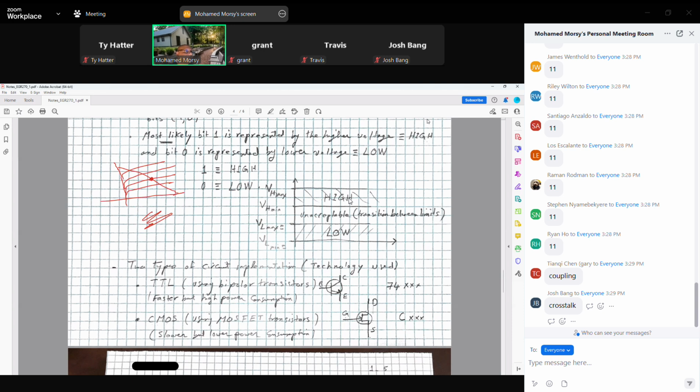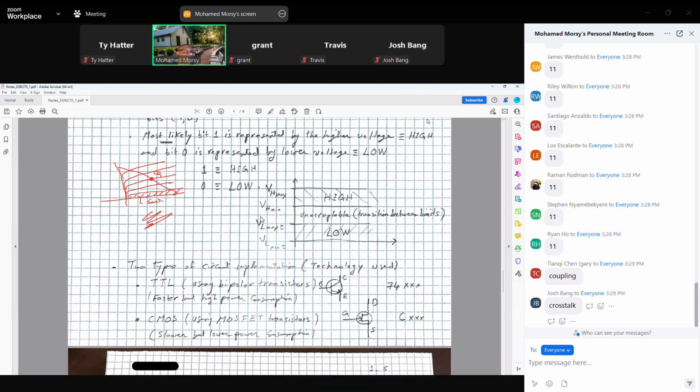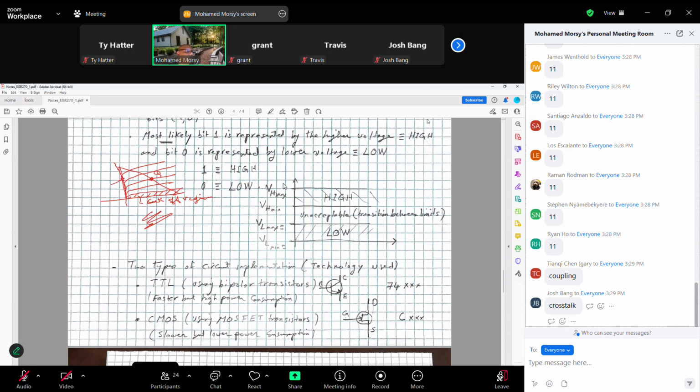And this is called the Q, the operating point. So here we have a region called the cutoff region, and here a region called the saturation region.